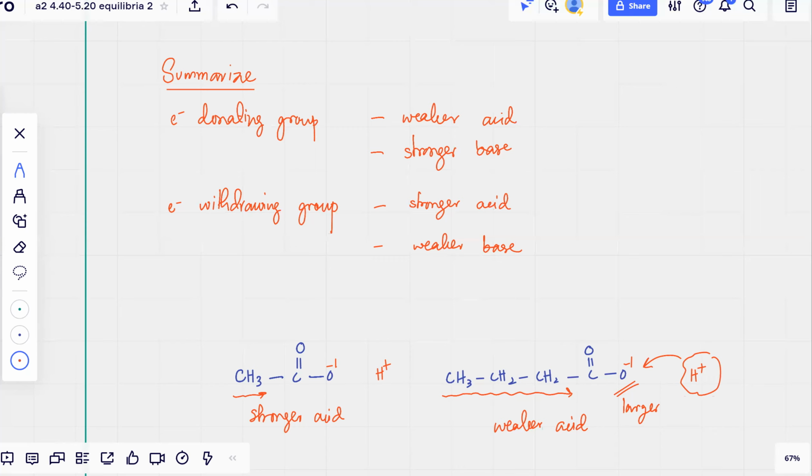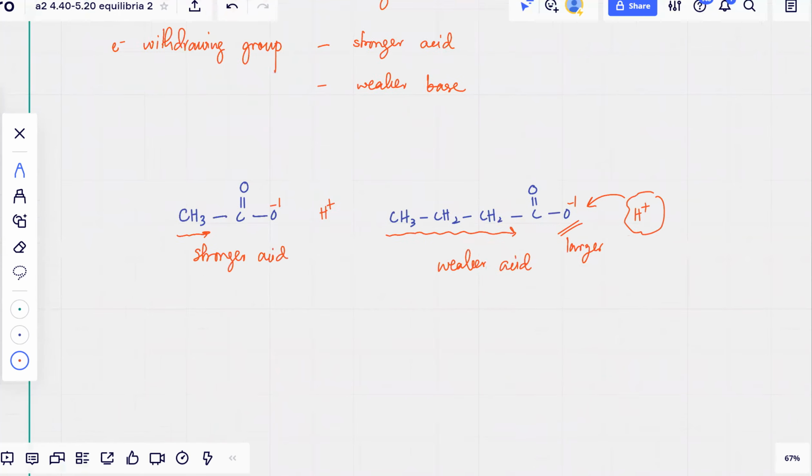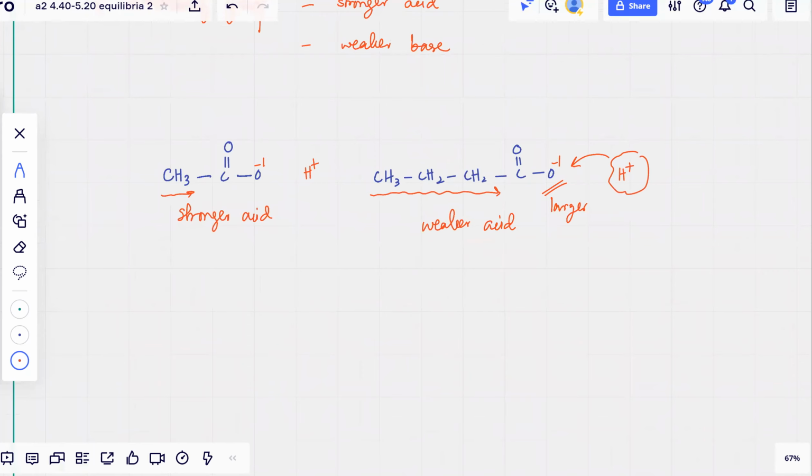Yes, sir. So then other comparisons. Let's say I've got three acids. All of them are carboxylic acids.